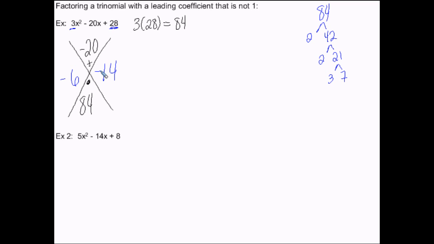Okay. Now, these don't go inside the parentheses yet, because I have to figure out how to split this 3. What these do is they replace that.